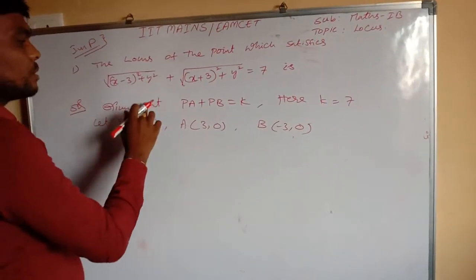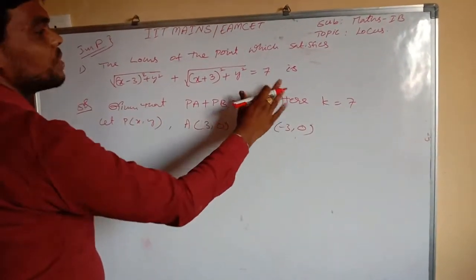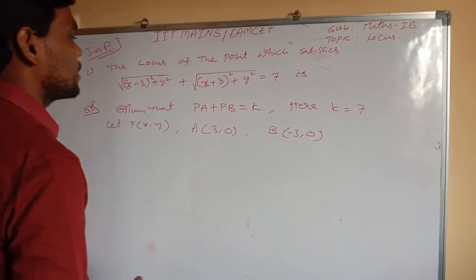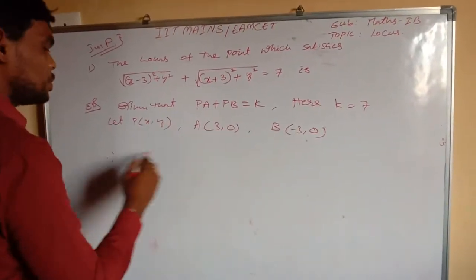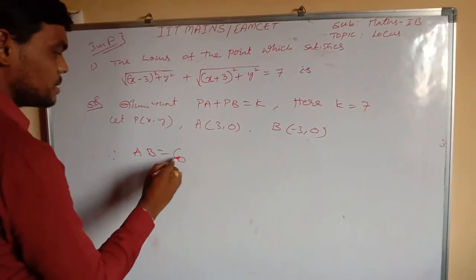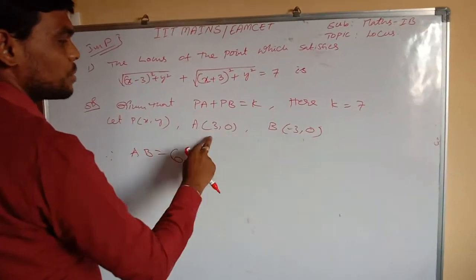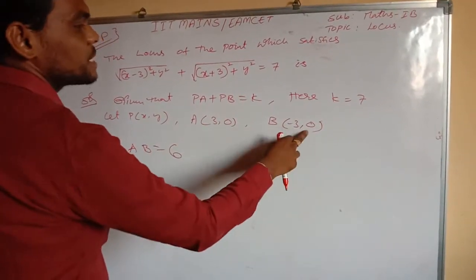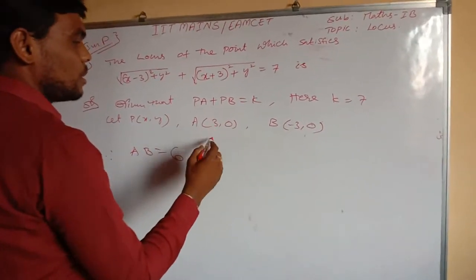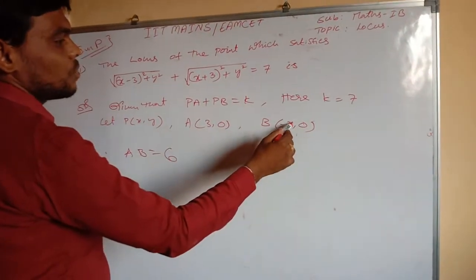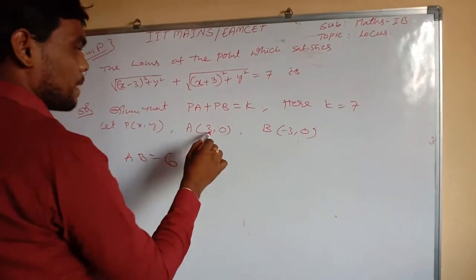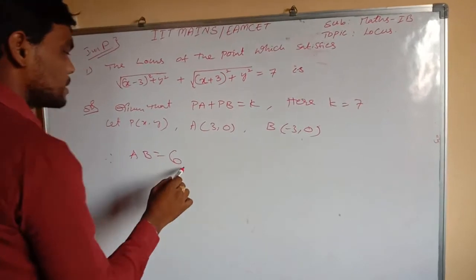Given that PA plus PB is equal to K, here K is equal to 7, we find the distance between AB. The distance AB is root of (x1 minus x2) whole square plus (y1 minus y2) whole square, which is root of (3 minus (-3)) whole square plus 0 square, that is 3 plus 3, 6 square, so AB is 6.